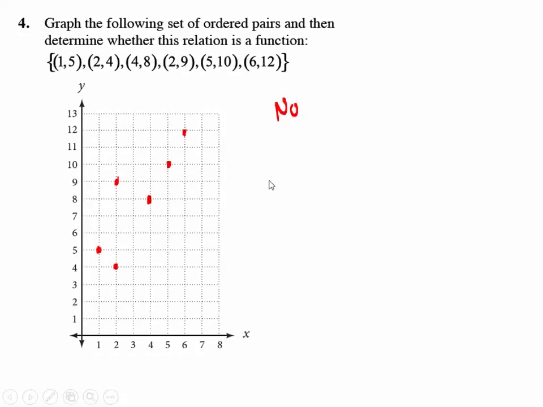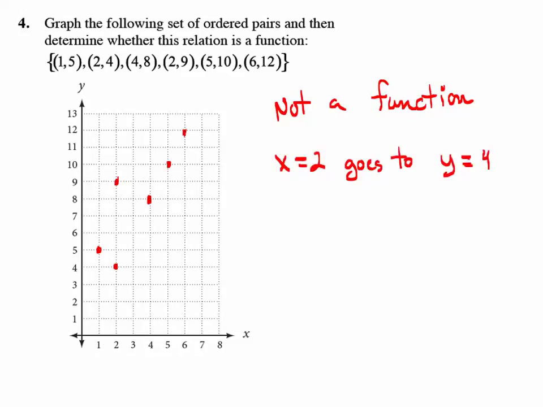Notice it goes to different y coordinates, so no, this is not a function, first of all. Alright, if we say what's the problem? The problem is that x equals 2 goes to a y equals 4 and a y equals 9. It goes to 2 different spots.